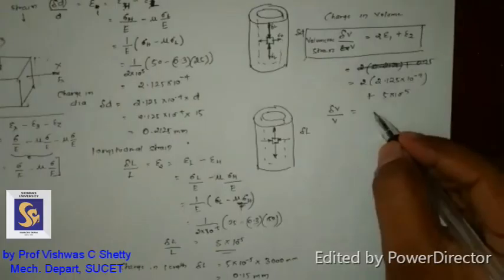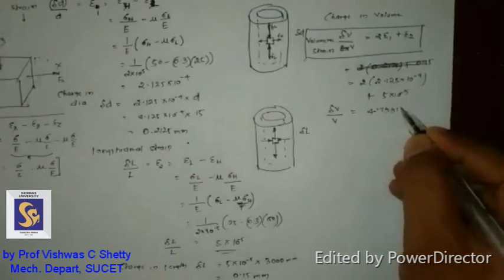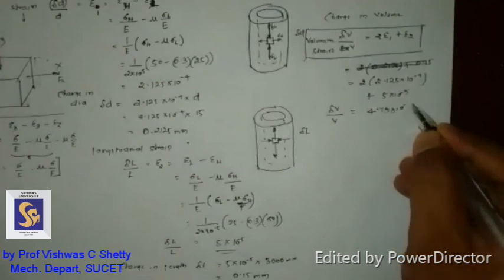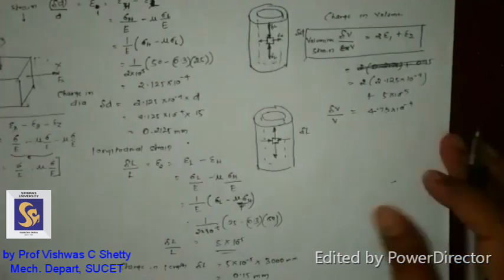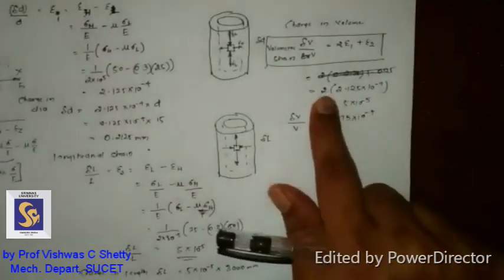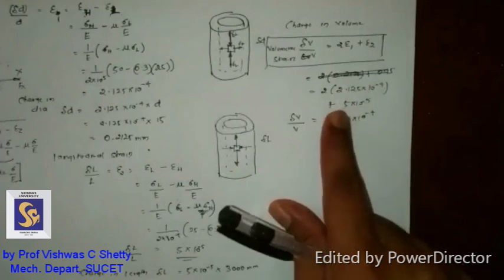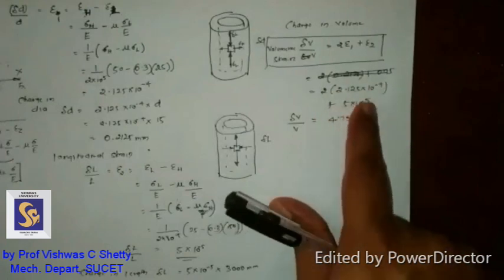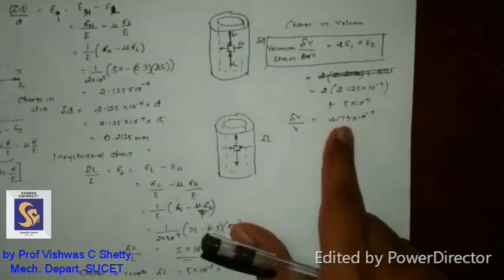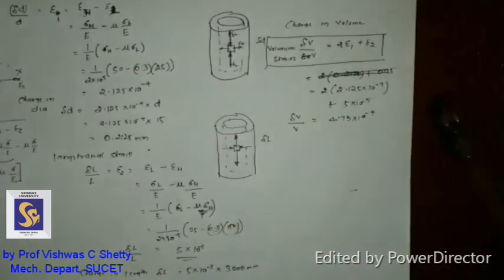Are you getting 4.75 into 10 power minus 4? Two into 2.125 into 10 power minus 4 plus 5 into 10 power minus 5. So you must be getting 4.75 into 10 power minus 4.